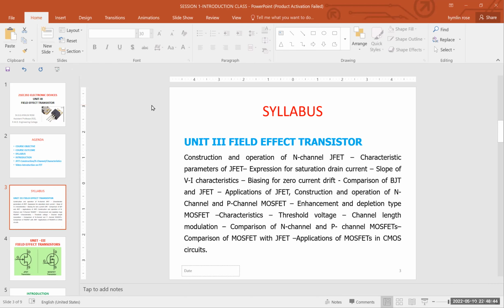This transistor operates with the input side forward biased and the output side reverse biased, so the input side provides only a lower impedance compared to the output side. That is another drawback, which leads to the development of the next type of transistors, that is field effect transistors.